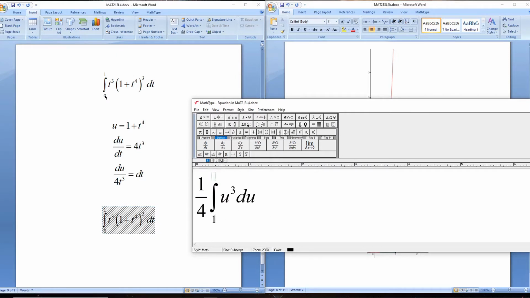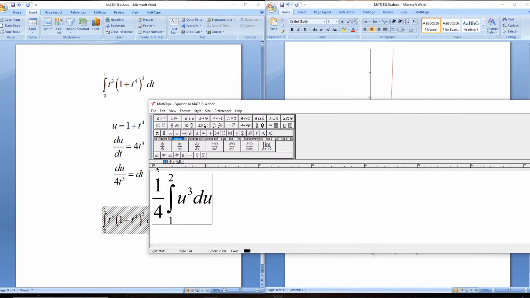And so the 0 on the bottom of the integration bar becomes 1, because we're plugging 0 into the u equation, and we're getting that u is 1. And we'll do the same for the 1, because this is t equals 1. So now if we plug in 1, u equals 2. And so these are our new integration limits in terms of u. We always have to make sure that we're being consistent with how we're changing things.